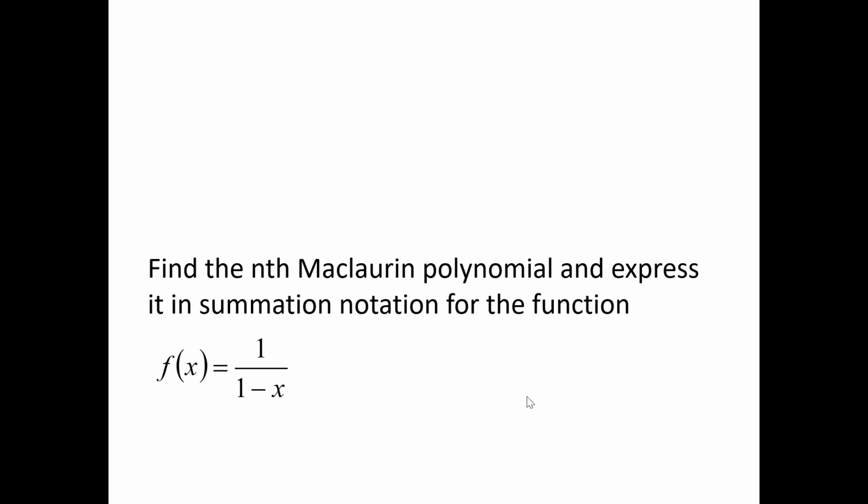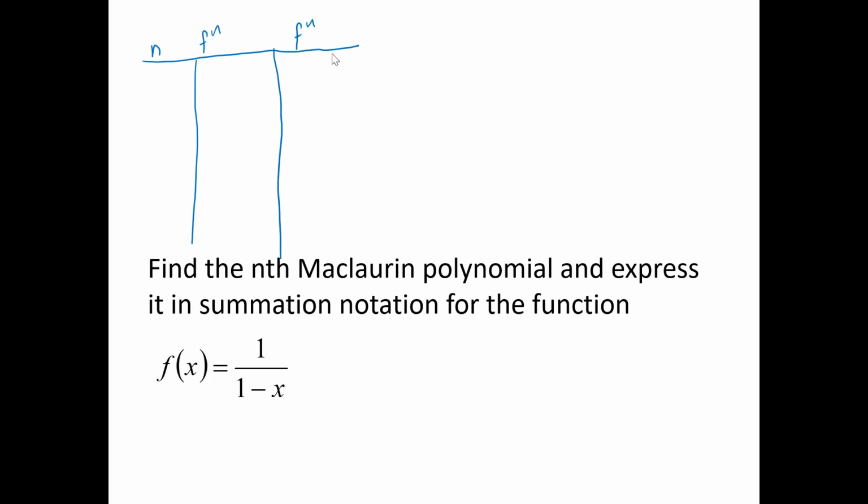And find the nth Maclaurin polynomial and express it in summation notation for the function f of x equals 1 over x. Okay, so Maclaurin again means that we're going to evaluate at 0. So then we have n, we have fn, and then I think I'm going to need a little bit of room.